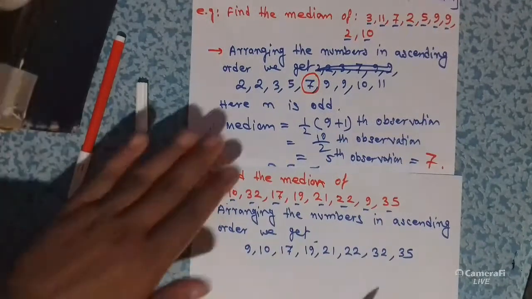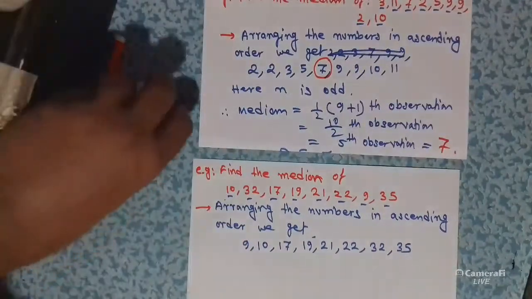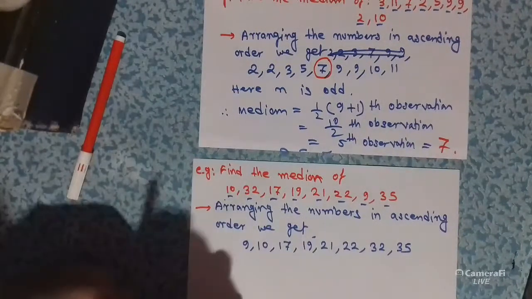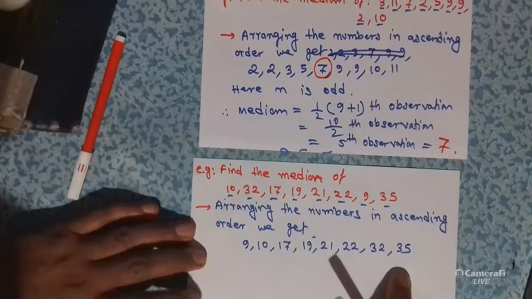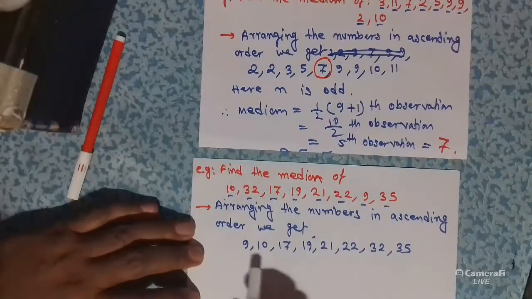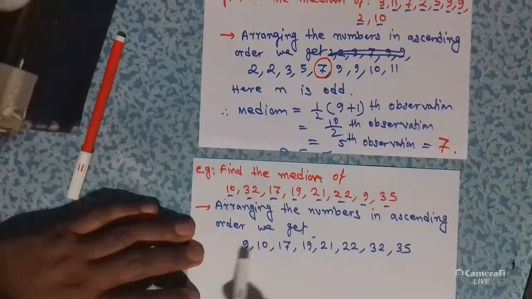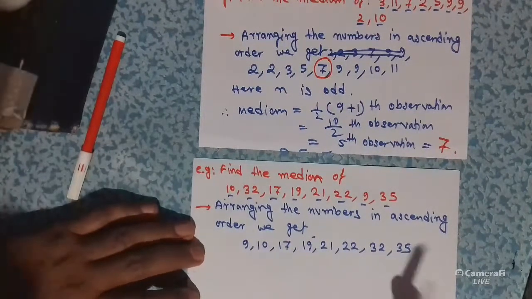After arranging the observations in ascending order, you must count the numbers. Here 1 2 3 4 5 6 7 8. So there are 8 observations.